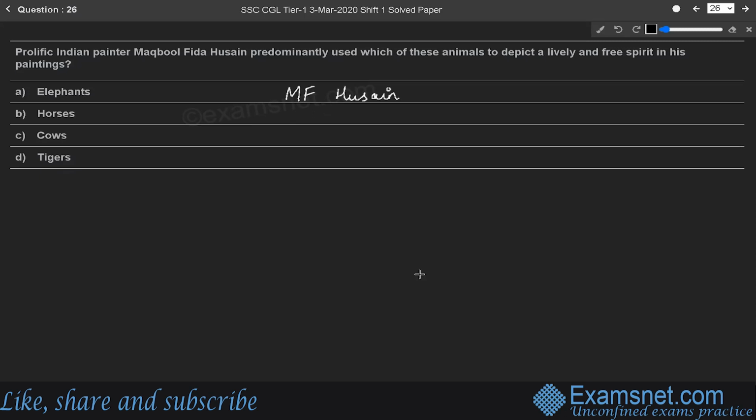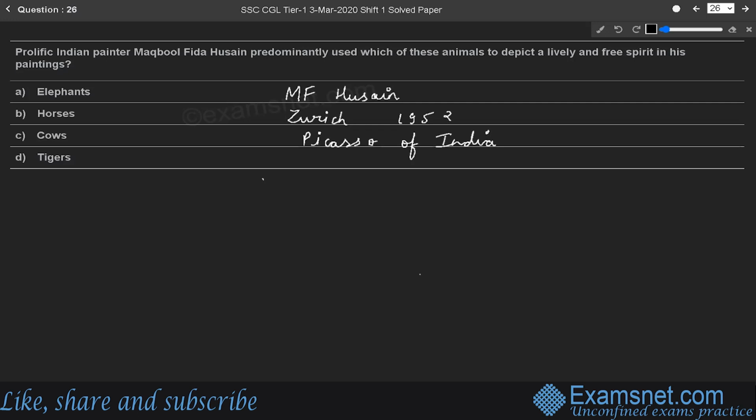Now talking about his career life, he started his painting career in Zurich in the year 1952. He was also entitled the Picasso of India. And he was entitled so by Forbes magazine.